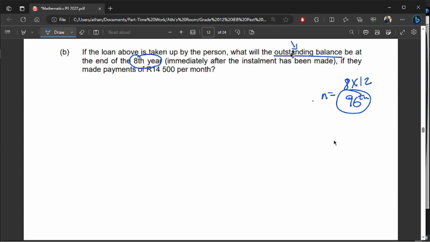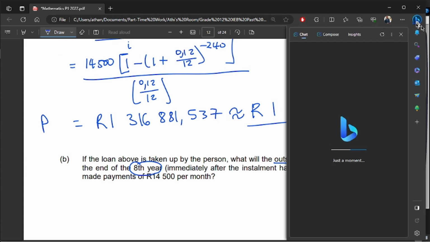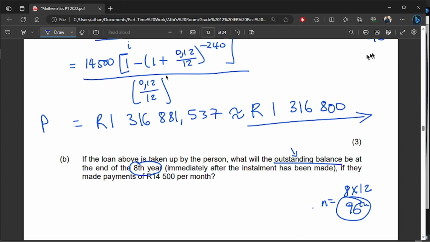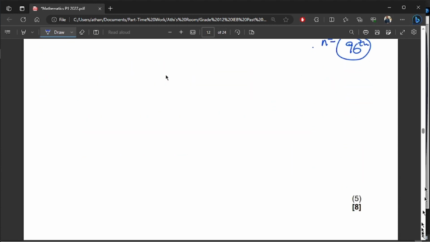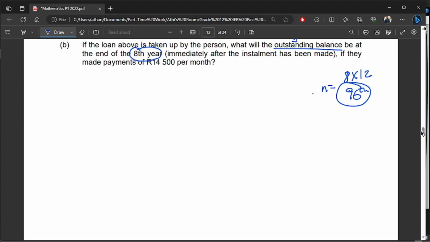Okay, now what's going to happen is, remember our loan amount. Our loan amount is 1,316,800 rands. This becomes now the value of P. Okay, we're going to use the compound formula, guys, to find the accumulated amount.